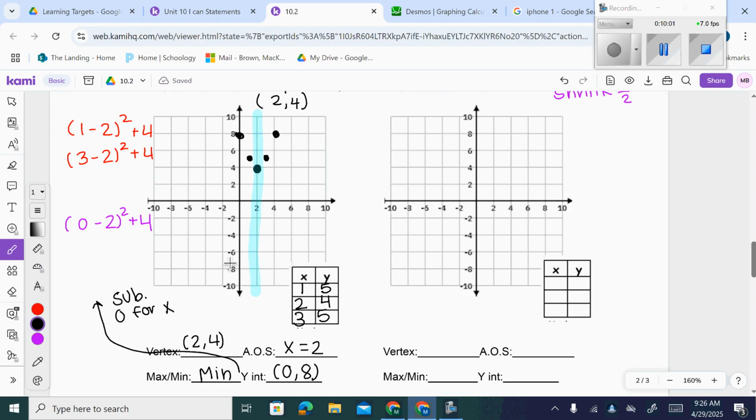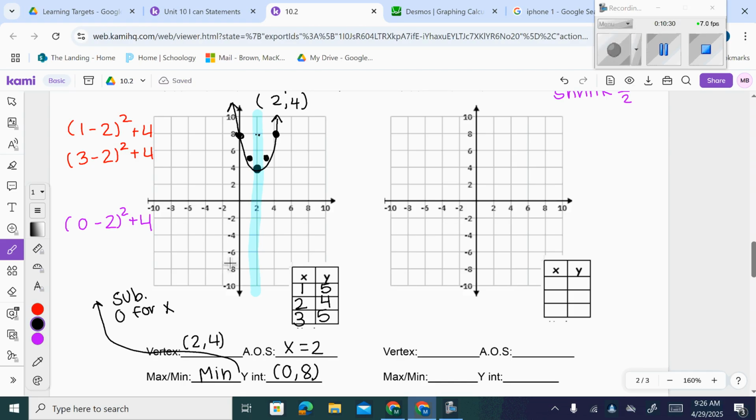Do you see how that's symmetrical? I basically just mirrored it across that line. To get here, I'd go 1 over, correct? This is 1 away from the axis of symmetry, 1 away from the axis of symmetry. Does that make sense? All right, now you can connect your parabola.